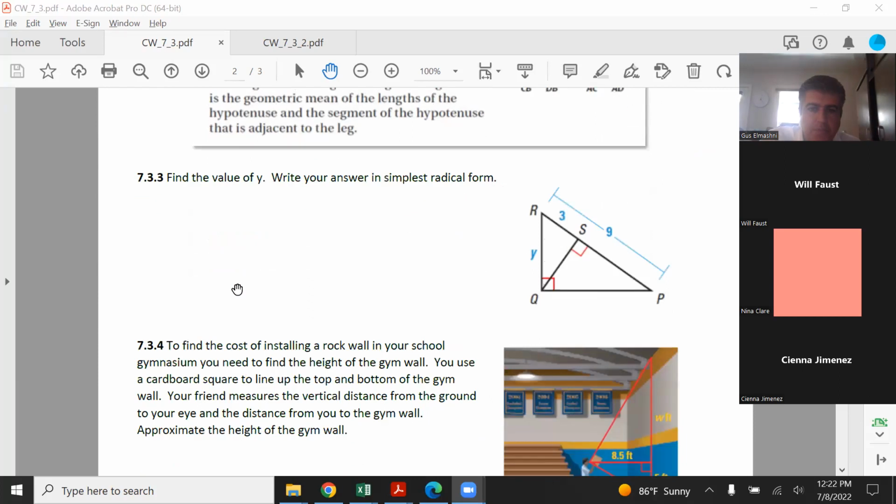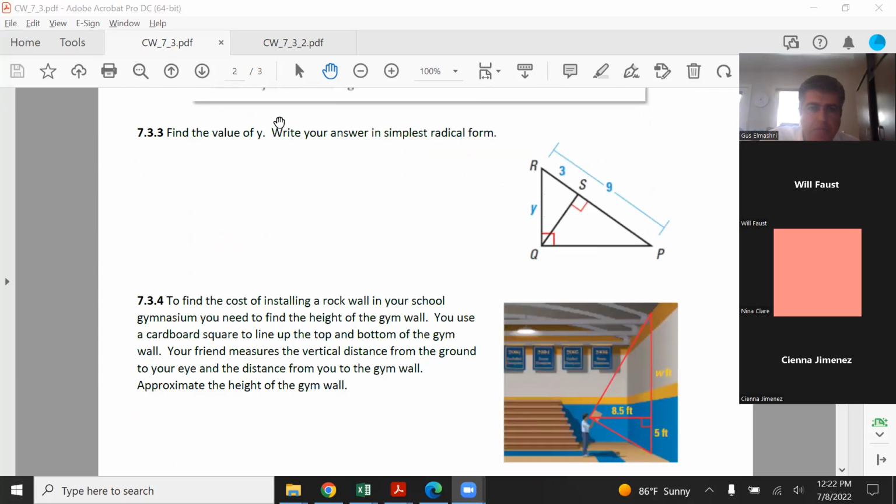So in this case here, because you have this scenario where you're drawing an altitude to the hypotenuse, and you want to solve for y. So you could think this is leg to hypotenuse, so 3 over y.